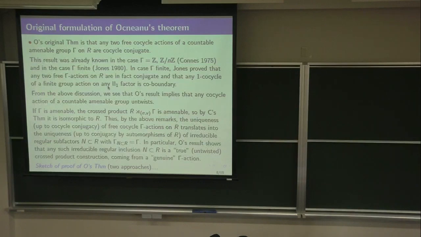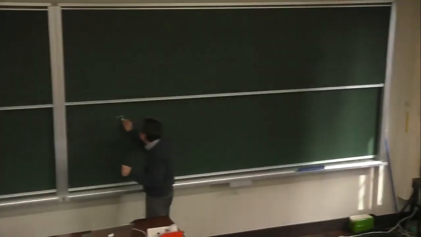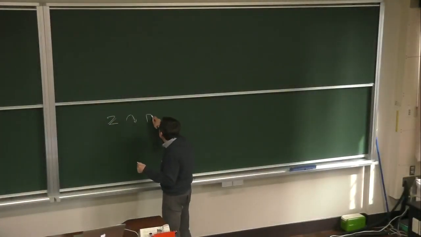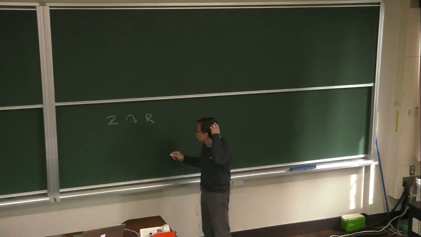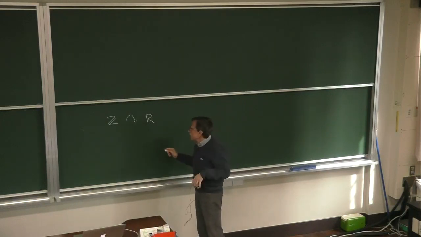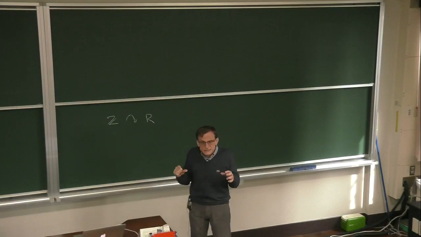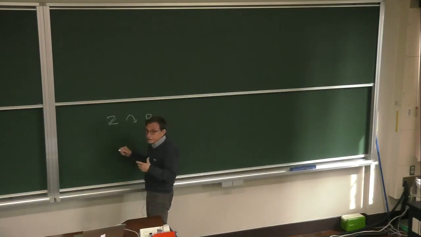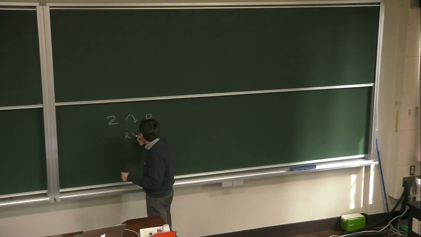For instance, in the case of Z, you may want to do it like this. On R, the basic tool here is the Rokhlin theorem. So let's say you look at R cross Z.